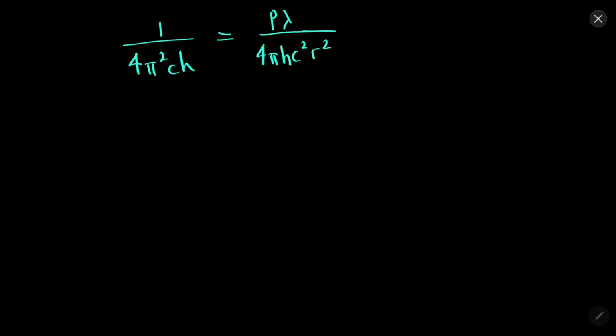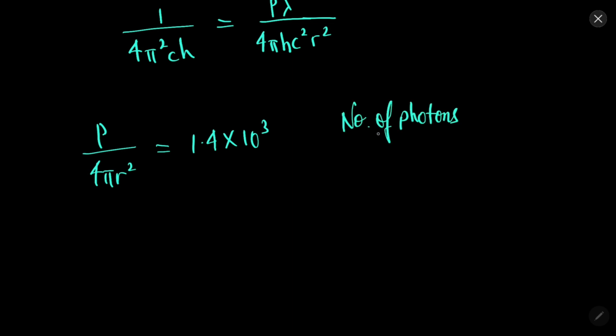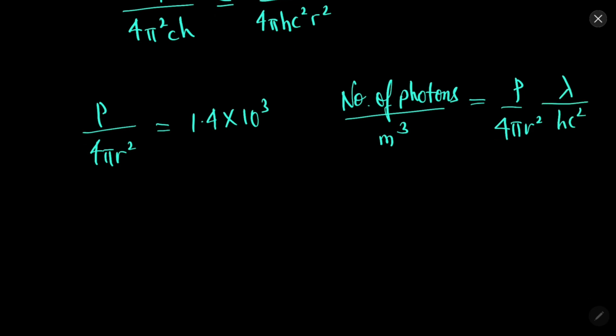So what we will have is n over volume equal to P lambda over 4 pi hc squared r squared. Now P over 4 pi r squared will be the intensity. So the number of photons per meter cube, per unit volume, will be intensity times wavelength over hc squared.